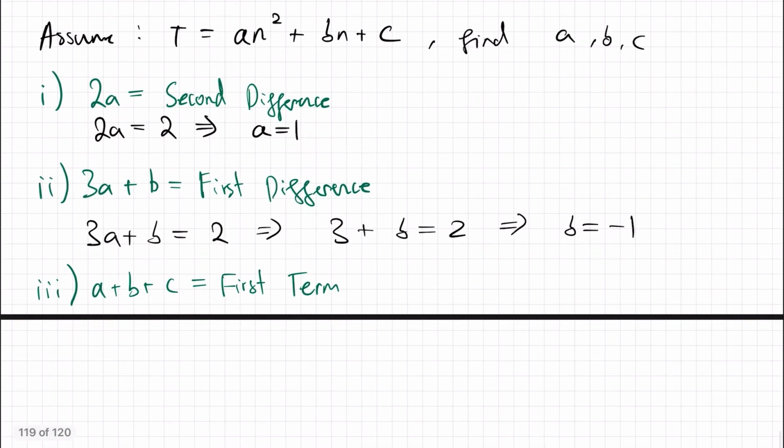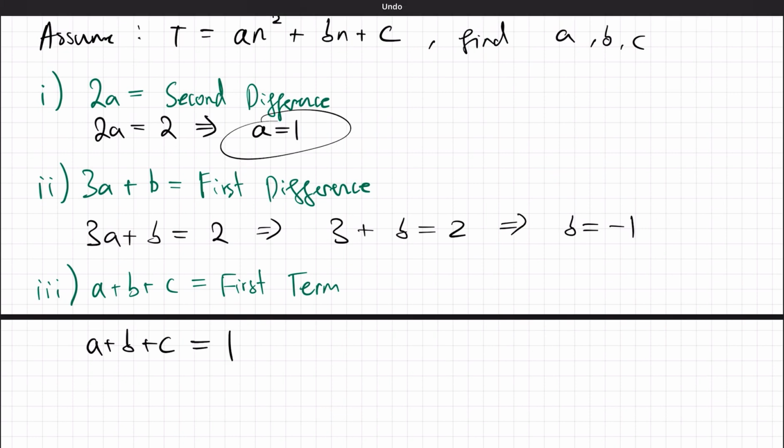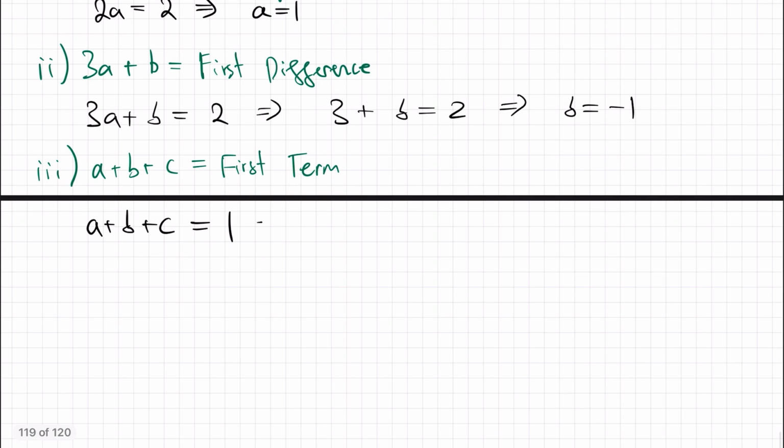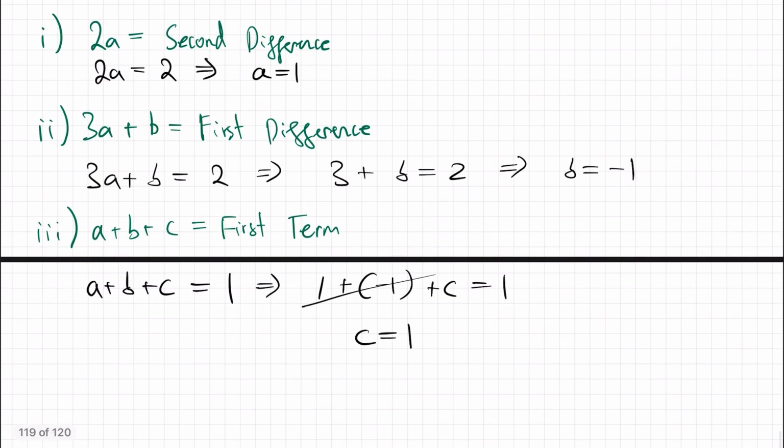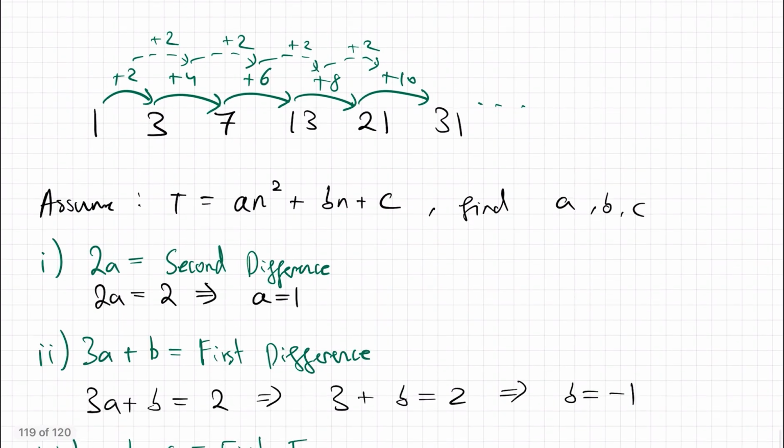And in our case, that means a plus b plus c is equal to 1. We know a is 1, b is minus 1. So that becomes 1 plus minus 1 plus c equals 1. These cancel out, which means c is equal to 1. So we've got our three variables which we were trying to find.